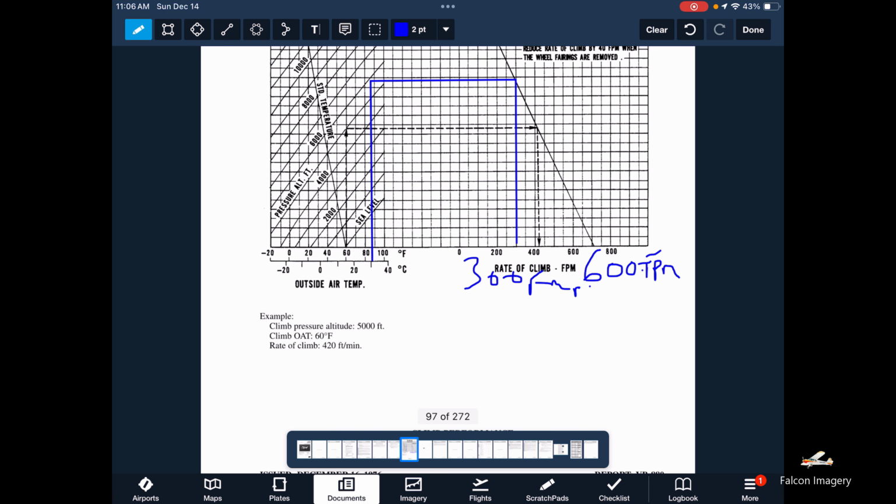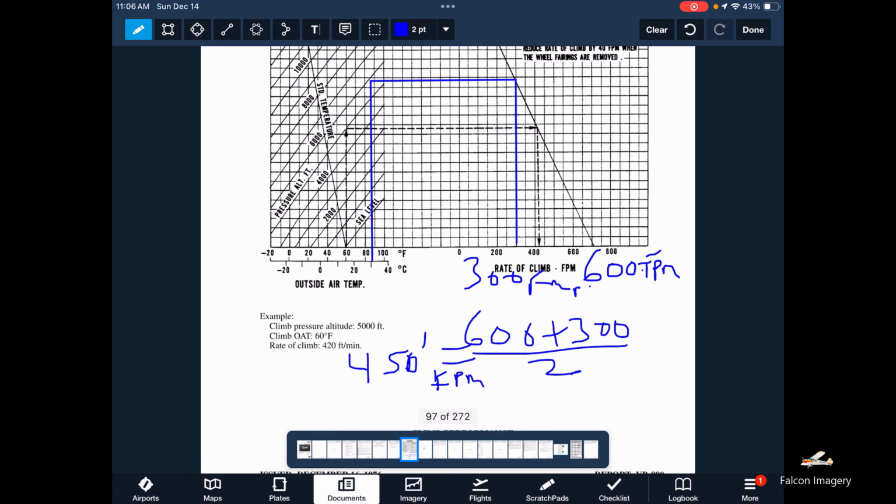Now, if I take the average of 600 and 300, it works out to 450 feet per minute climb rate.